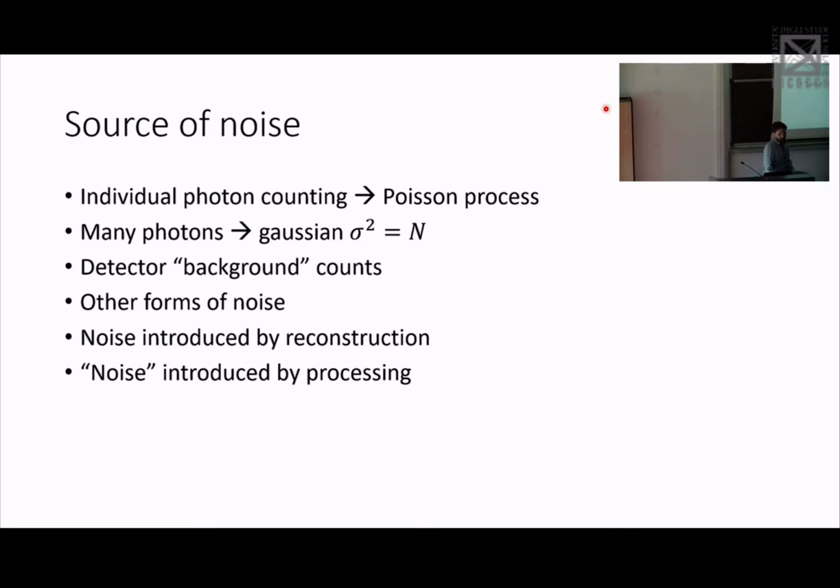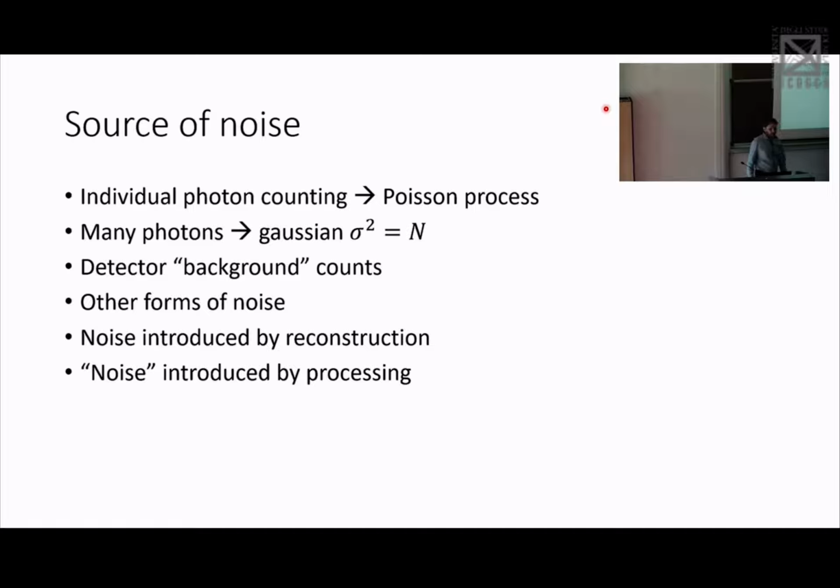So let's take a look at the possible sources of noise. There are lots of detectors, from our phone camera to the detectors used in X-ray imaging, used both in planar X-rays and CT scans, that count photons. So you have a Poisson process. If you work in a field with lots of photons, like X-ray is in many conditions, you have a Gaussian with a standard deviation which goes with the number of counts.